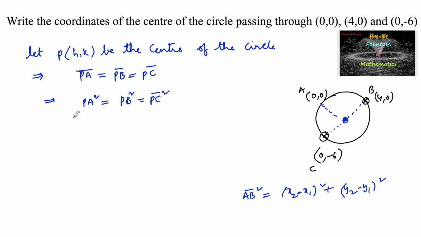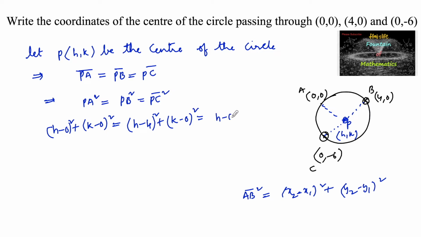So we can write PA square is equal to, so P is here (H, K), H minus 0 whole square plus K minus 0 whole square is equal to H minus 4 whole square plus K minus 0 whole square is equal to H minus 0 whole square plus K minus of minus 6, that is K plus 6 whole square.